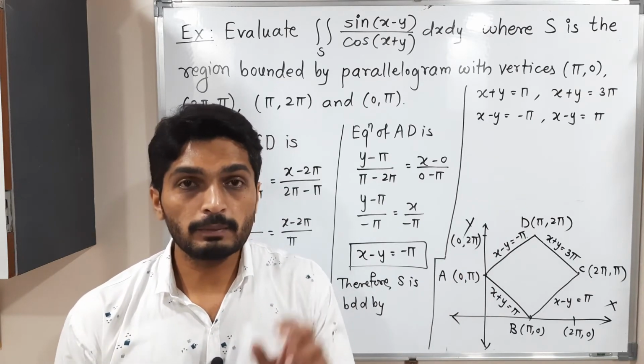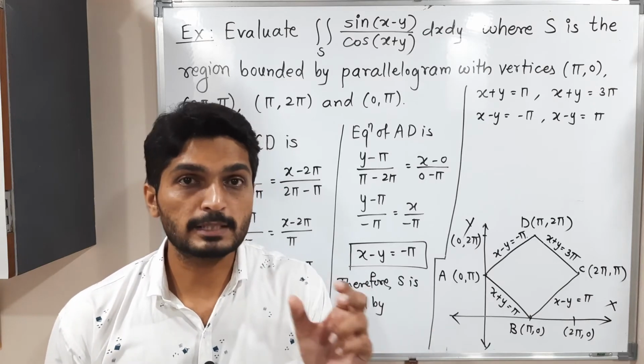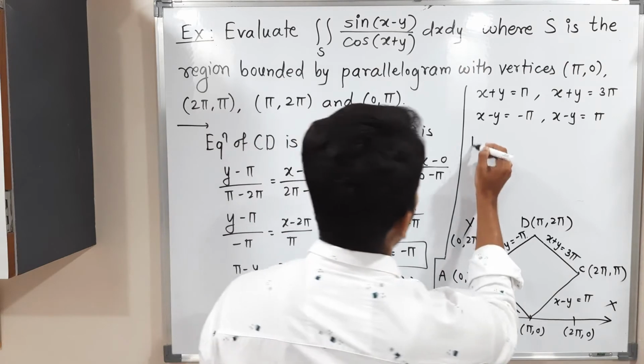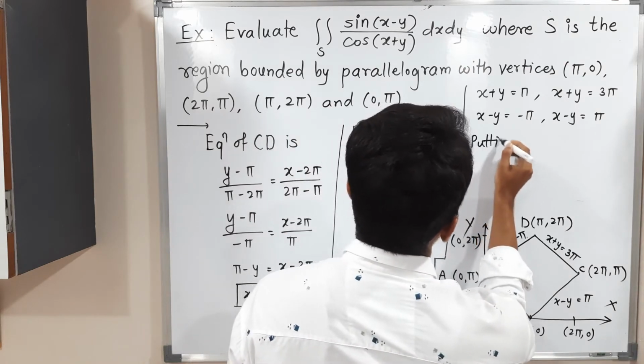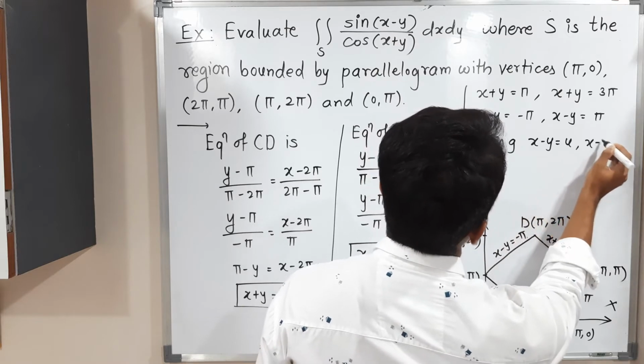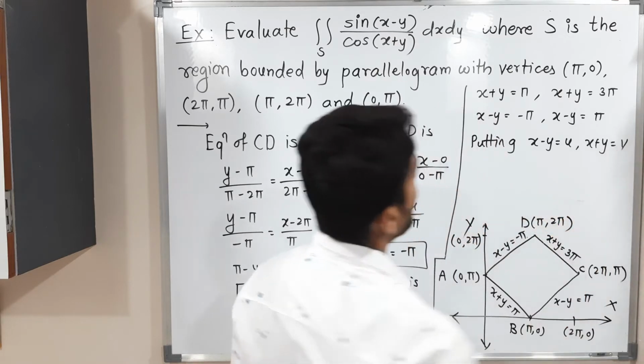So I put x minus y equals u and x plus y equals v.